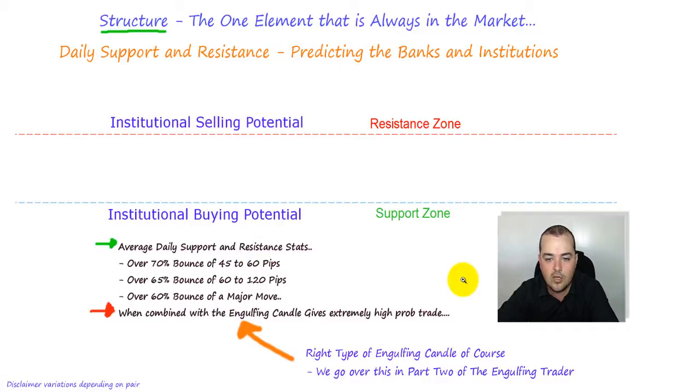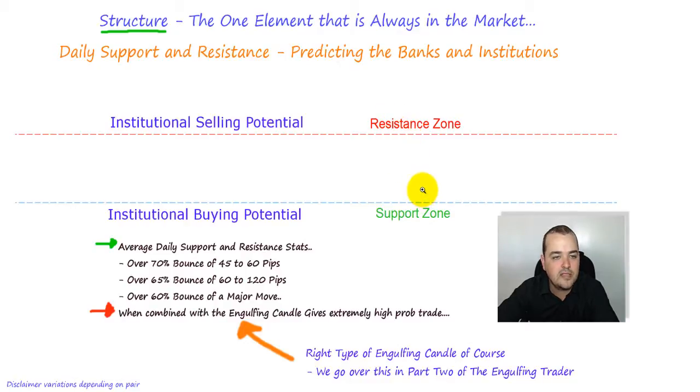Okay, so now that we've gone over that, you understand the basics of structure. And also understand this is a psychological area. Once the sellers, like as an example here, say price is coming up to a resistance zone, like here, and the sellers get in and the price moves down a good distance, a lot of the sellers that could not get in at the time up here get very jealous.